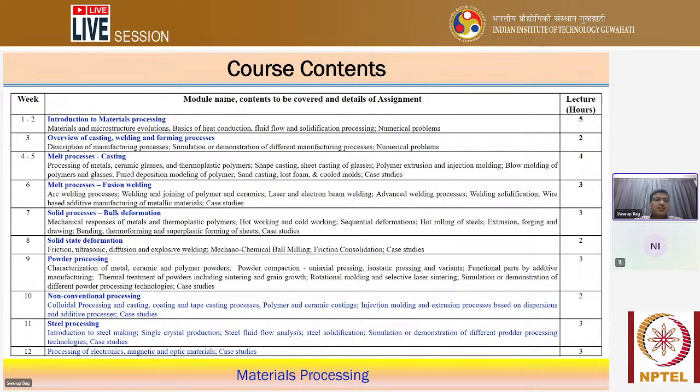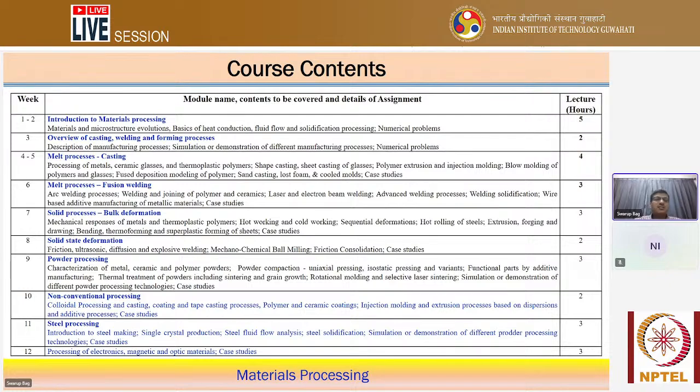Weeks 10 and 11 usually contain non-conventional processing and steel processing. The content of non-conventional processing is basically ceramic and polymer and ceramic coating, different tape casting processes, colloidal processing and casting processes, and of course injection molding and extrusion processes based on dispersions and additive processes.